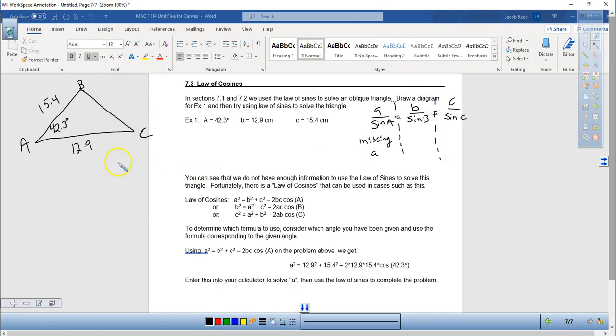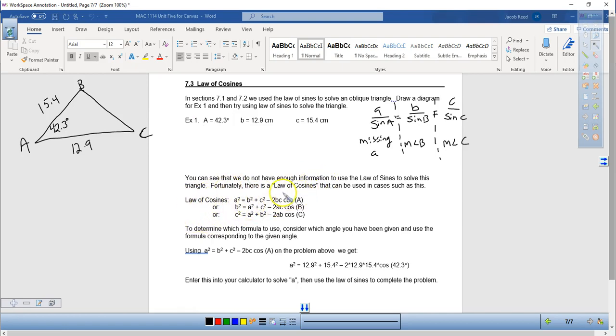Well, if I look at B, I'm missing angle B. And if I look at set C, I'm missing angle C. So I can't pick two sets because each set is missing at least one piece of information. For law of sines to work, I have to have one complete set and one set that's missing something. So when that happens, it means it doesn't meet law of sines requirements, and we move on to what we call the law of cosines. We don't have enough information.